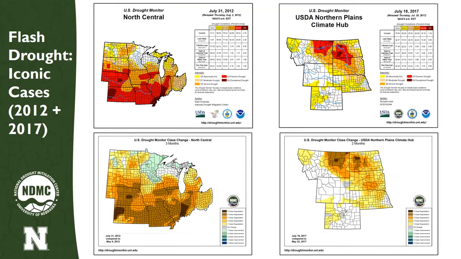Now, the more iconic cases are 2012 and 2017. 2012 ended up blossoming into a huge amount of drought across the U.S., many places, well, countrywide, as much as you would have seen almost at the apex of the Dust Bowl peak years as well, for at least just spatial coverage of any sort of drought.